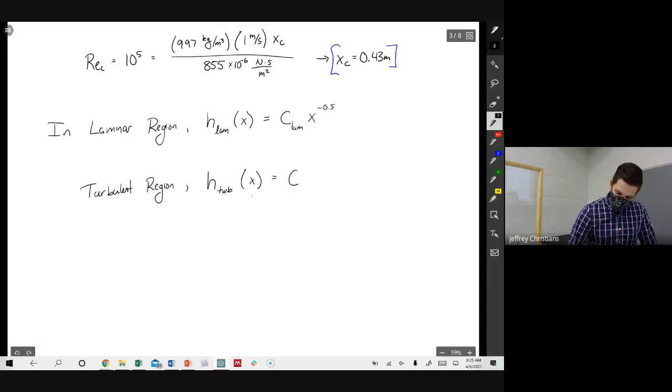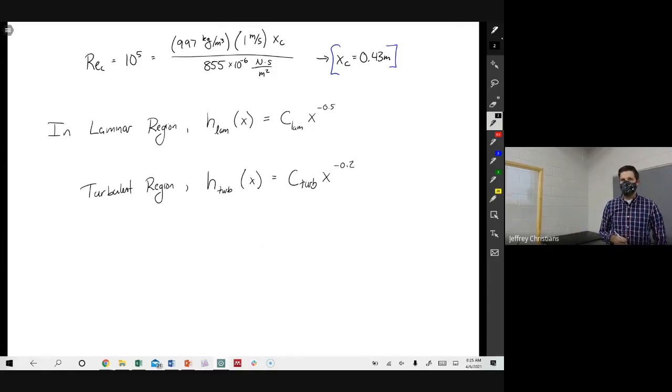It's going to be C_turb times x to the minus 0.2. So really similar, a different exponent on x. We'll build our models of turbulent flow based on our understanding of laminar flow, so these things are closely related.